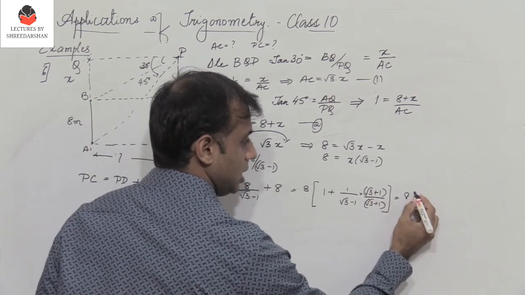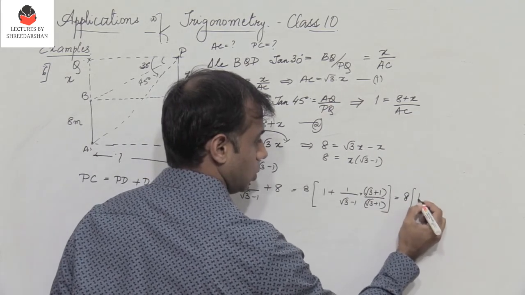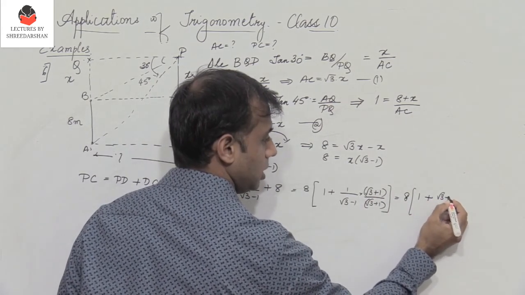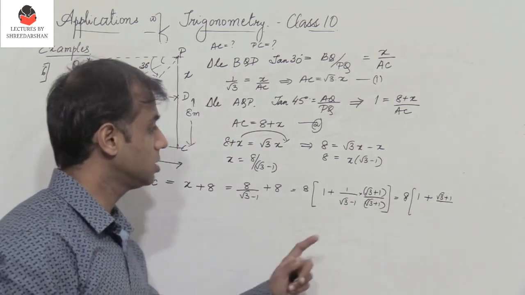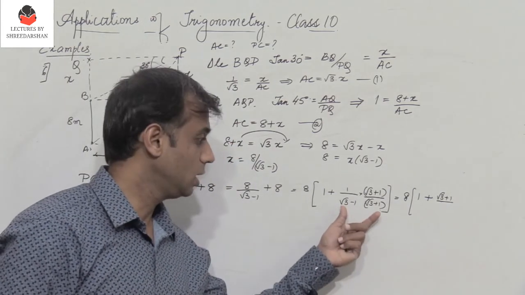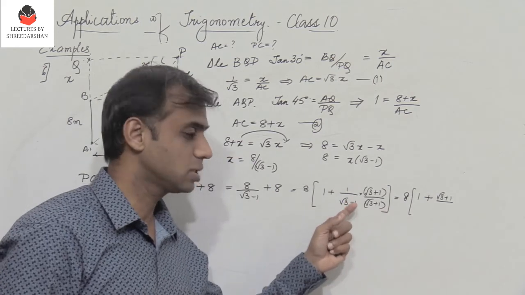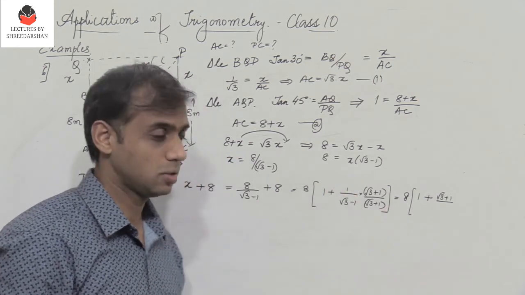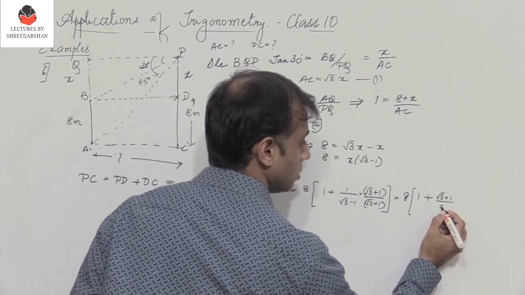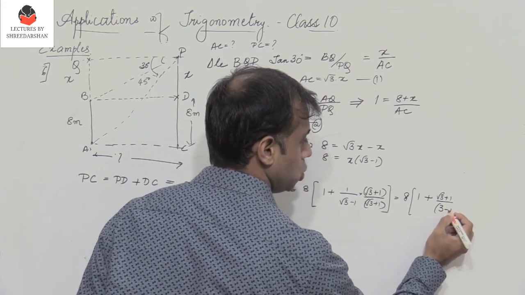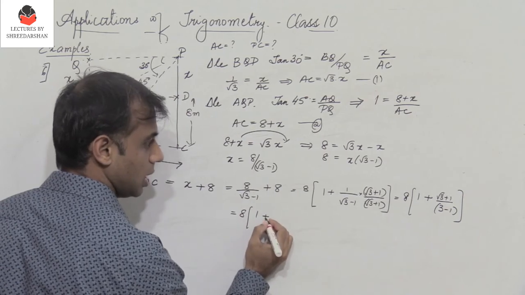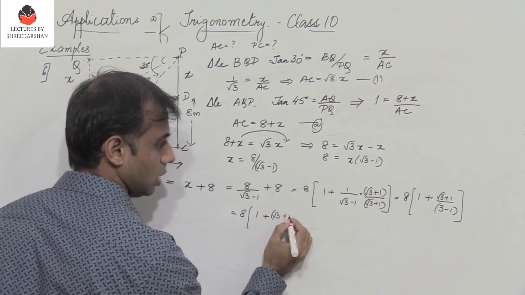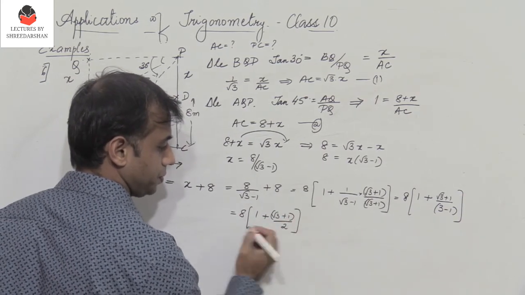Now we get 8 into (1 plus root 3 plus 1 divided by the denominator). Here this is of the form a minus b into a plus b, so we get a square minus b square. A square is root 3 the whole square, which is 3. So 3 minus 1 is 2. So we get 8 into (1 plus root 3 plus 1 divided by 2).